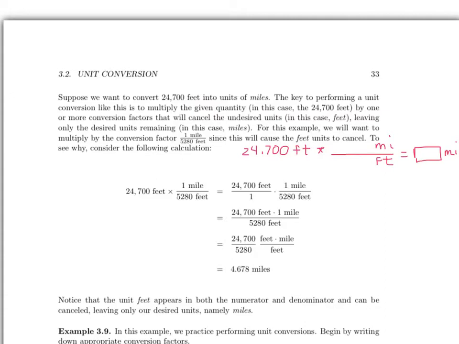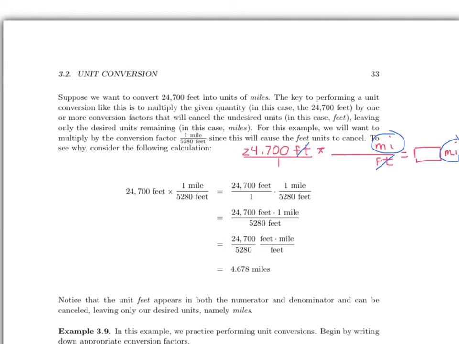The reason for this is because 24,700 feet, if we write that as a fraction, is 24,700 feet over 1, so the feet here is in the numerator. If we multiply by a fraction that has feet in the denominator, then we'll have feet in the numerator and feet in the denominator, and we've learned that when that happens, we can cancel the feet, and we'll be left with units of miles, which is what we wanted.